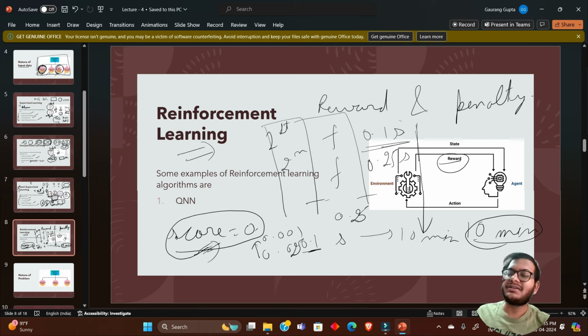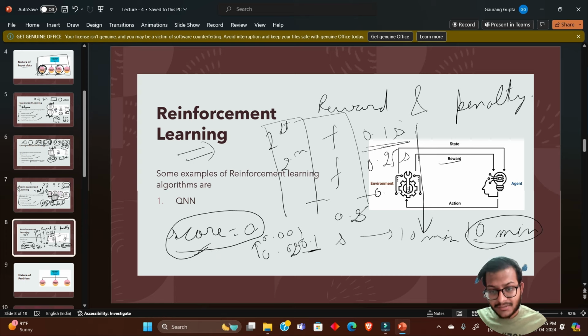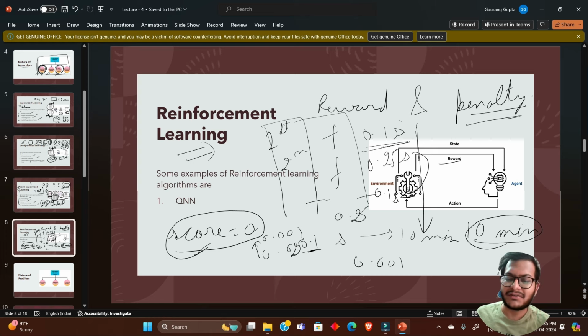Let's suppose it failed. Let's suppose with this, now 0.25, it then fell to 0.1 second. Let me clear some space. 0.1 second. So now what will happen? It actually decreased its performance. So I will punish, or I will kind of draw a penalty on the system. So I will say, okay, your total score was 0.001 plus 0.025.